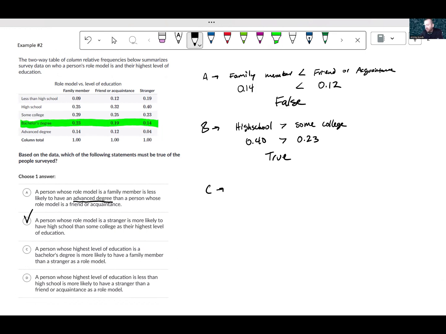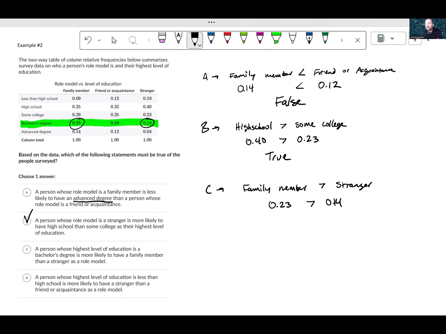So family member greater than stranger. We're just looking at this column, 0.23 for family member, and 0.14 for stranger. So we have 0.23 is greater than 0.14, and that looks like it's a true statement.